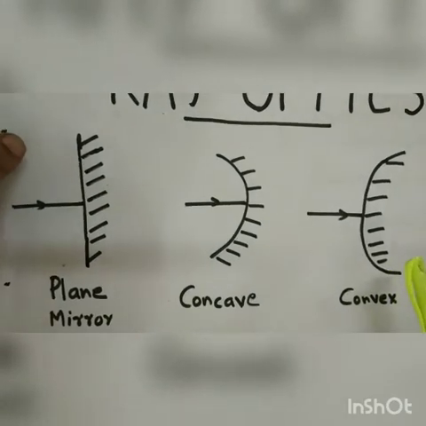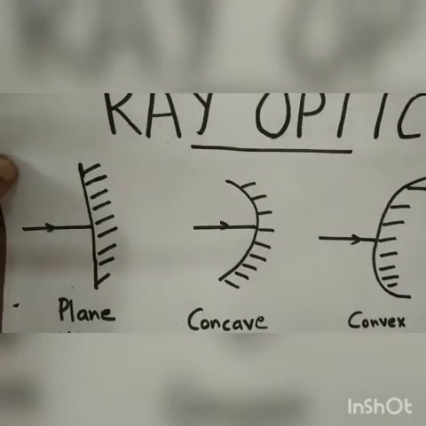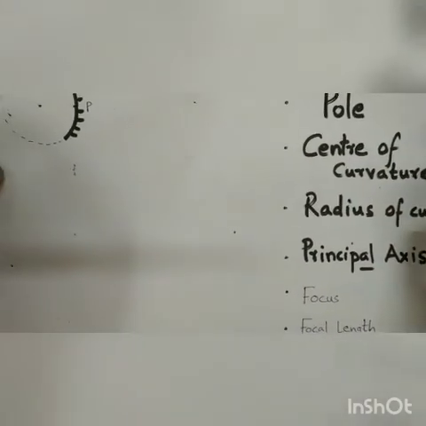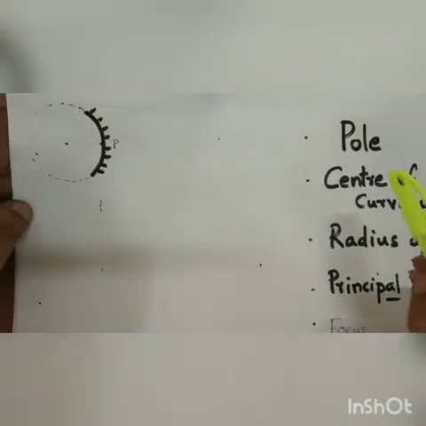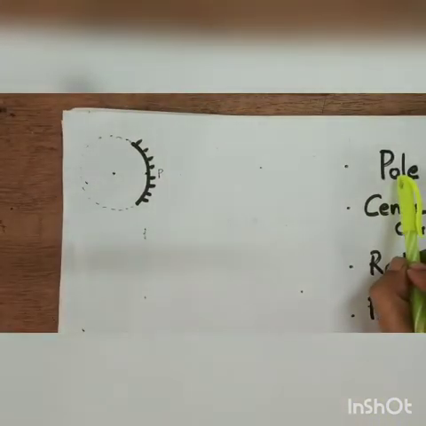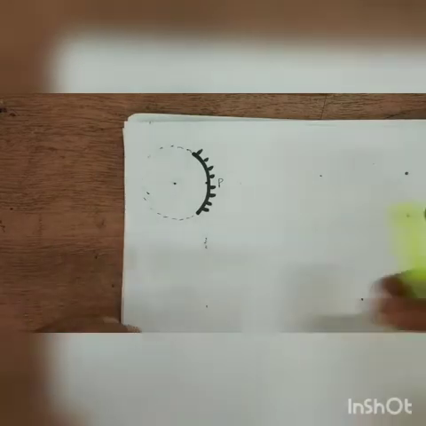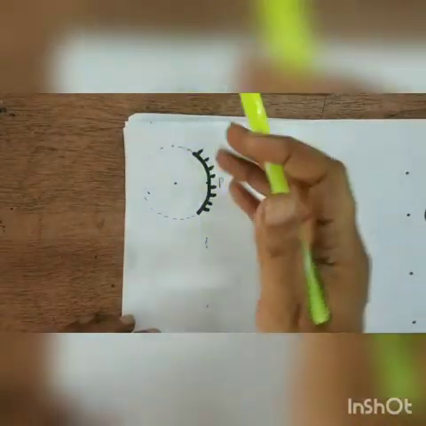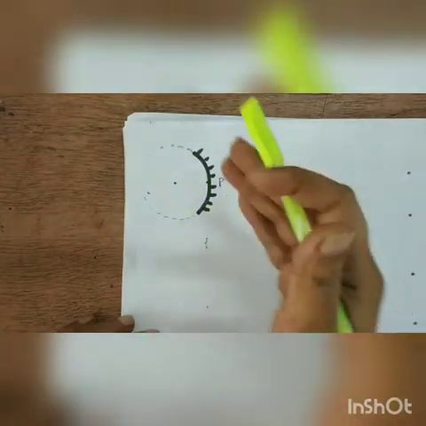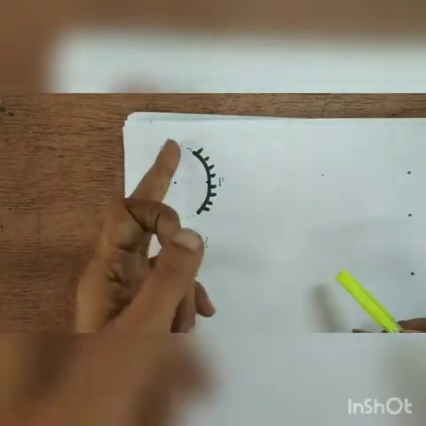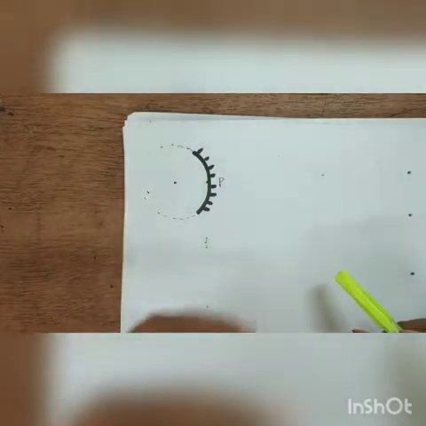Now, in spherical mirrors, we have to be familiar with a few terms. So we are going to learn the few terms related with spherical mirrors. First term is called the pole. Pole of a spherical mirror. Now, a spherical mirror is a part of a big sphere. Okay, it is a cross section. A sphere, when you cut a portion of the sphere, you get a spherical mirror. If this side is reflecting side, it becomes concave mirror.